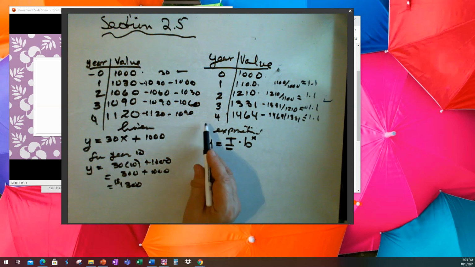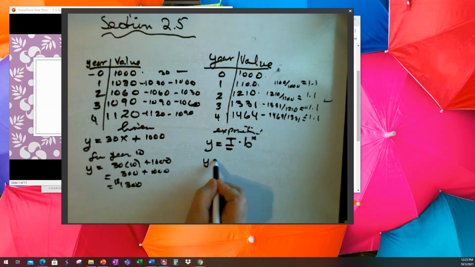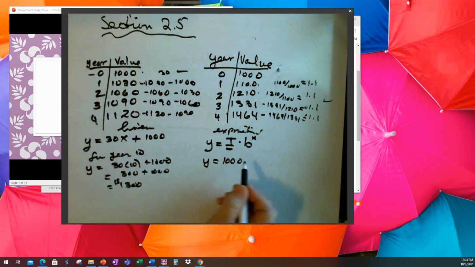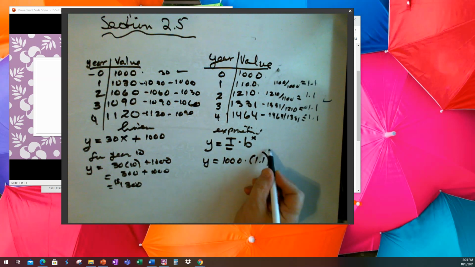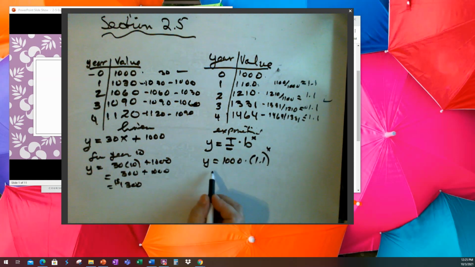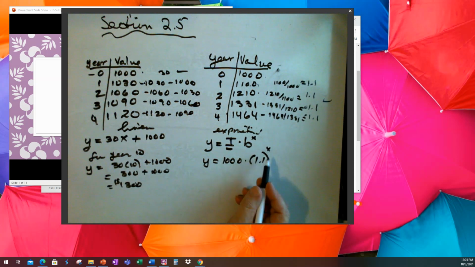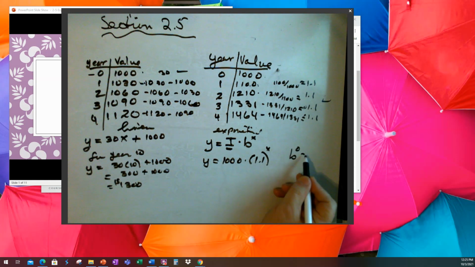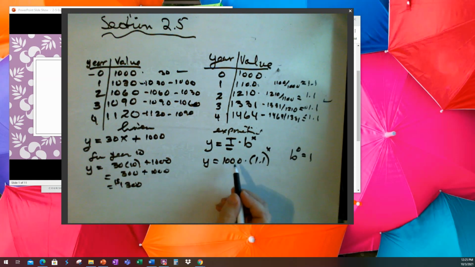For this model, we're starting with 1,000, and each time we're multiplying by 1.1. If x is equal to 0, any number to the 0 power is 1, so I just start with my 1,000.